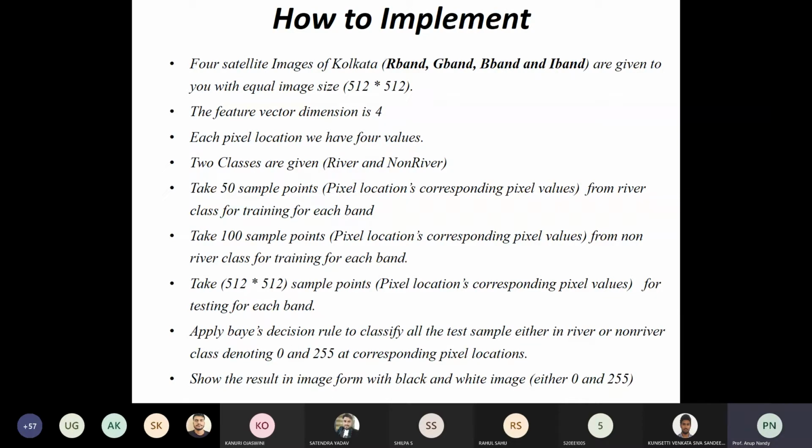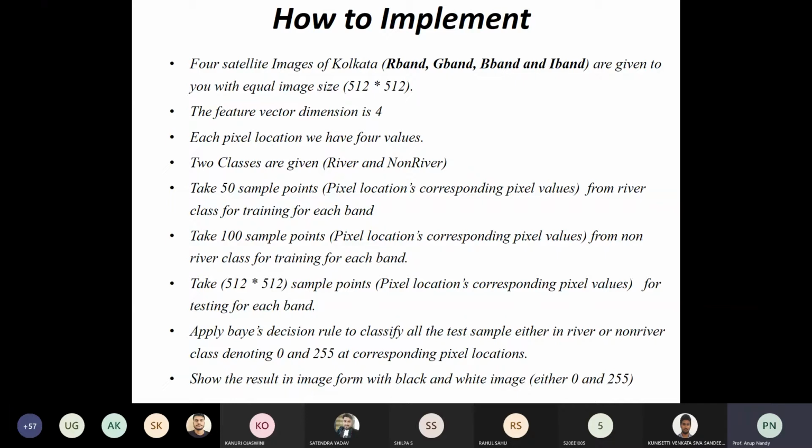Then you have to apply the Bayes decision rule to classify all the test samples as belonging to the river class or the non-river class. What is the formula for the Bayes decision rule? Capital Pi small pi is greater than or equal to capital Pj small pj.